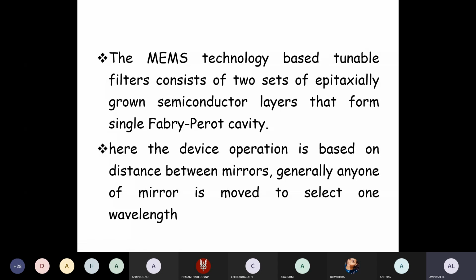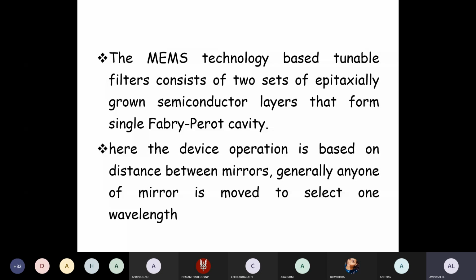Now when we change the position of the two mirrors, what exactly happens? The light moving to and fro will take a longer distance if you keep the two mirrors apart, so it will take more time to come. That means the intensity of the beam will be somewhat less and the wavelength will be more.